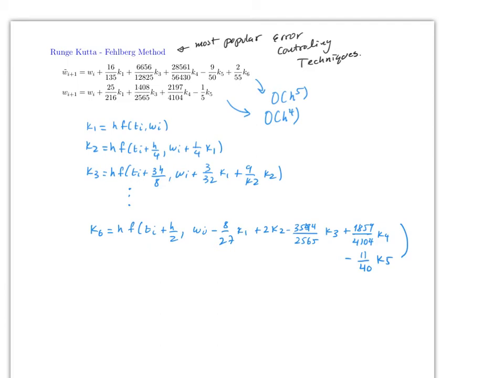So at minimum, to compute both of them, it will require at least 10 evaluations of f per step. So therefore, this method, the Fehlberg Runge-Kutta method, is at least 40% more efficient than using just Runge-Kutta by itself.